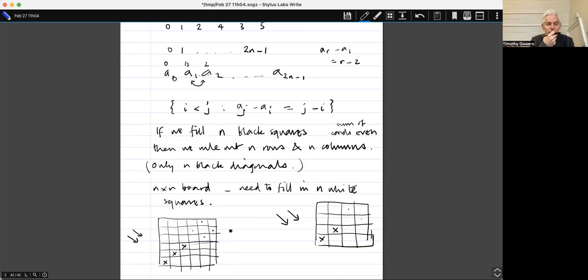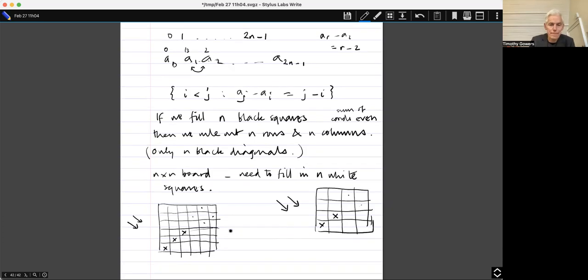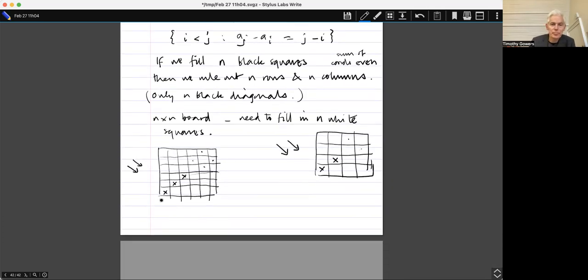I'm claiming that if you rule out, so when I choose my black squares, I am choosing... what can I say about the diagonals that they belong to, given that I've got a permutation?